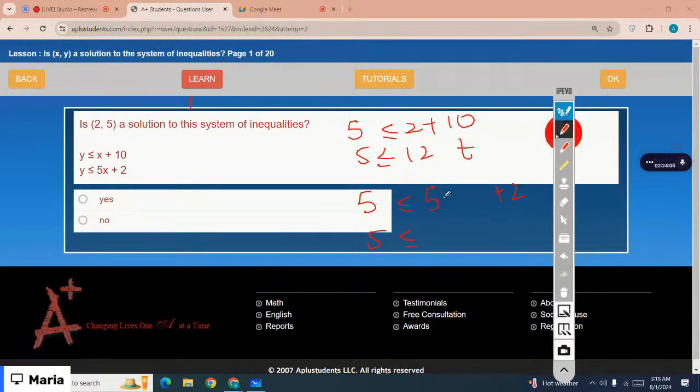That is 5 times 2 is 10, 10 plus 2. 5 is less than or equal to 12, again true. So for both the equations that is true, that means yes, 2, 5 is the solution of the inequalities, right? The correct option is yes.